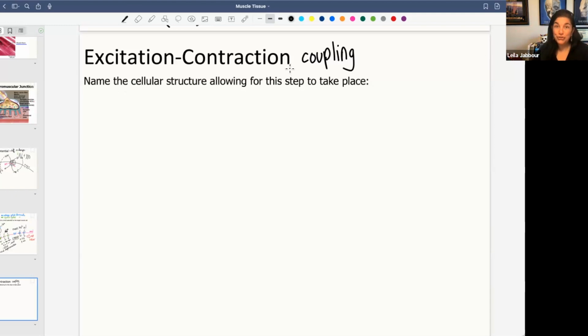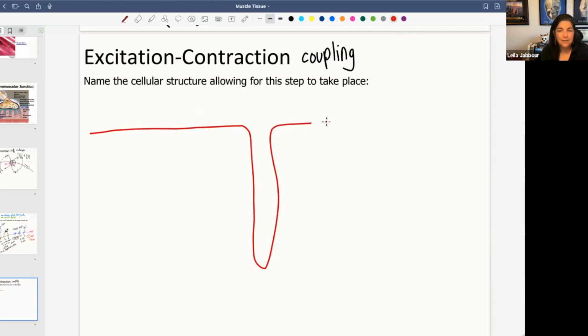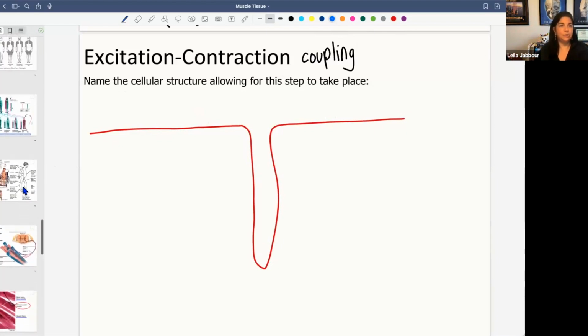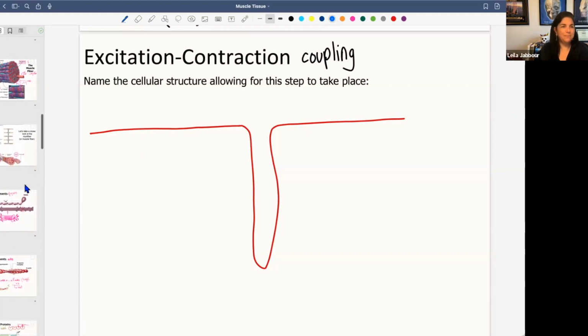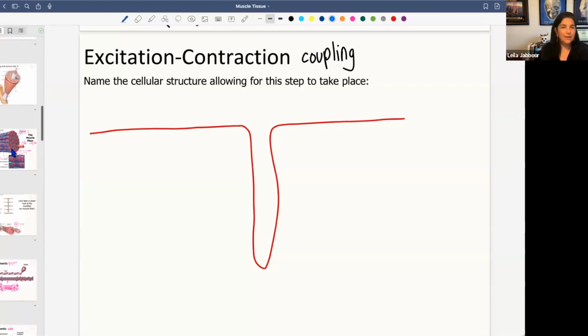So the structures that are going to be involved in this coupling process are these T tubules that I talked about earlier. So I'm going to draw the sarcolemma, and I'm going to draw a T tubule. And there's the sarcolemma. And just like we had in the previous diagram, I'm just going to go back to it so you see where I'm taking this from. Here, right?